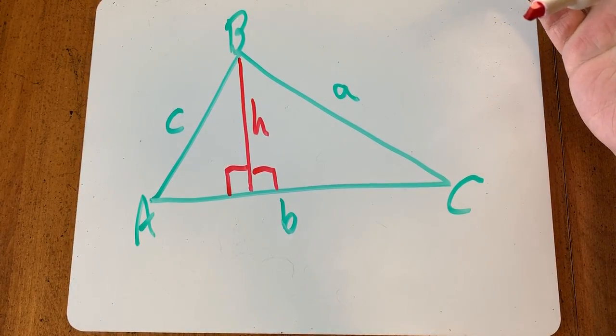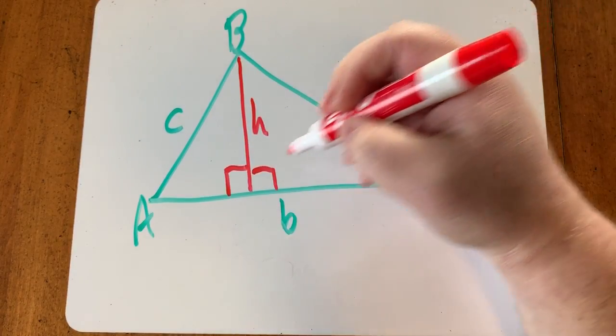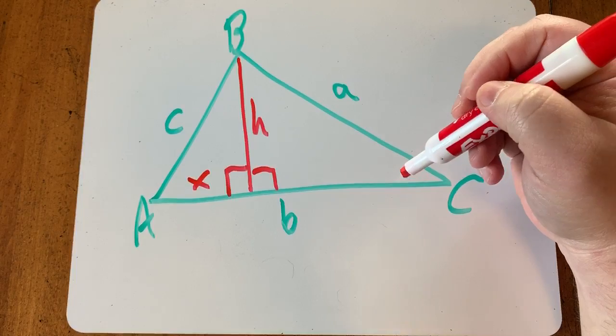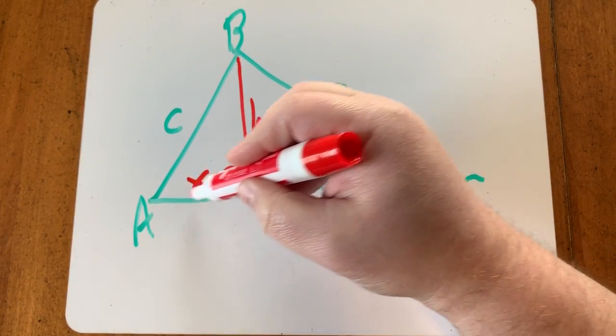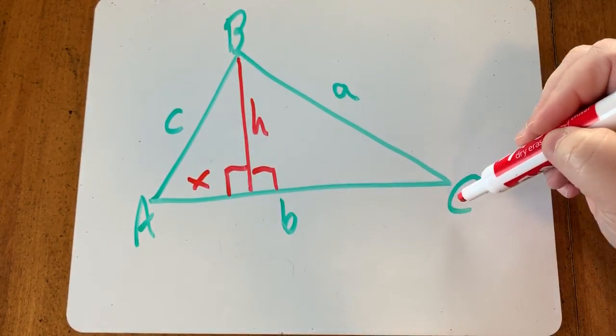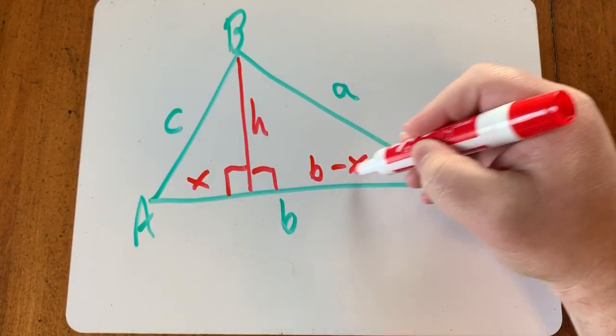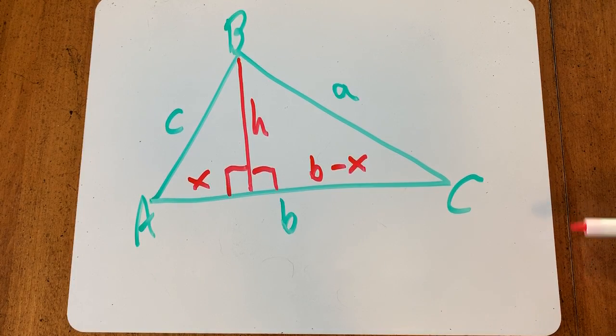But for the law of cosines, we're not going to be working with the opposite. We're going to be working with that distance. I'm just going to call it x. Since this much is x and this whole distance is b, this much would have to be b minus x. So I hope that makes sense.